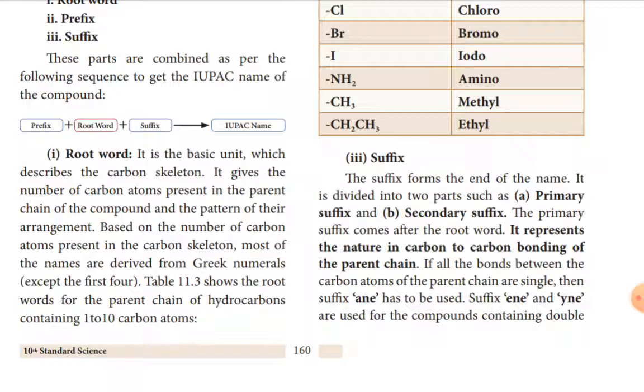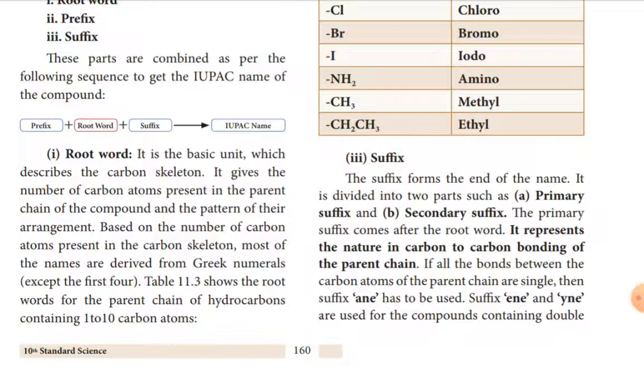Suppose a single bond, it ends with ane: methane, ethane, propane, butane, like that. Suppose a double bond exists between carbon to carbon.